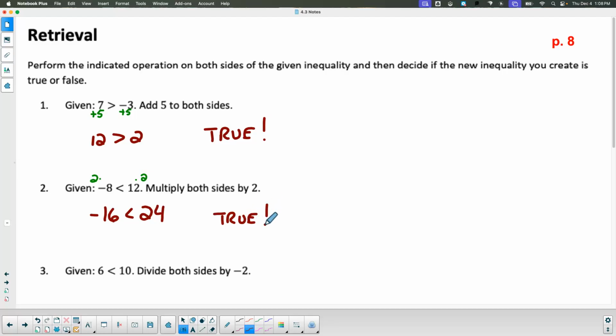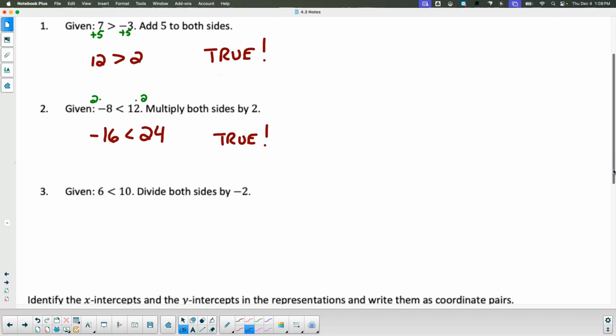Now let's divide by negative 2. When we divide by negative 2, I get negative 3 is less than negative 5. Is that true or is that false? False. That is false because it's negative, so that is a falsitude.